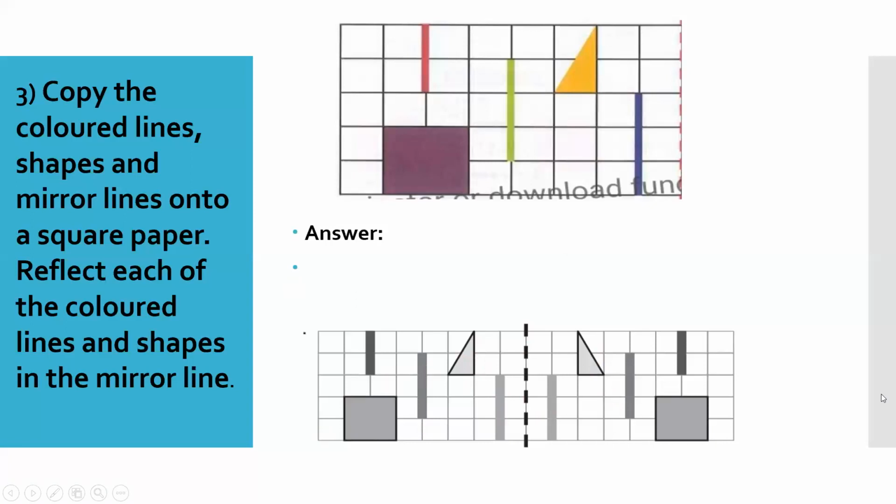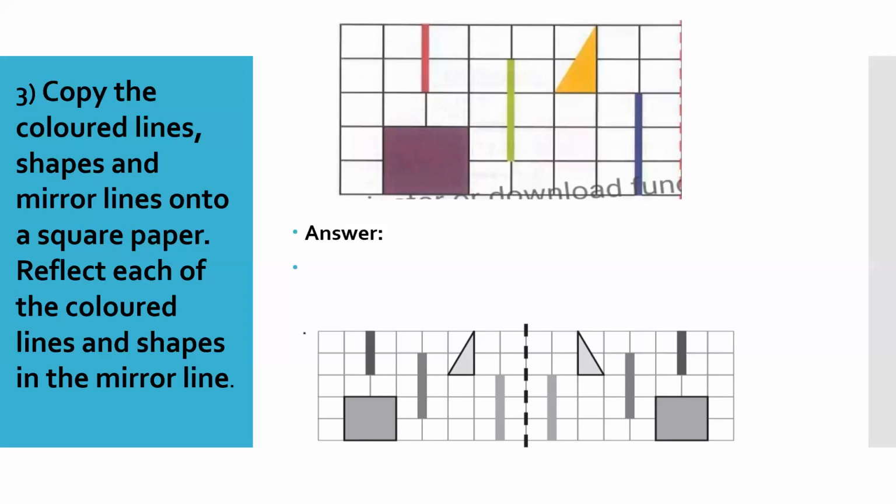Hope you understand how to reflect any given image in the mirror line. Just flip the image and draw. That will be the reflected image. So this is regarding the concept of translation and reflection.